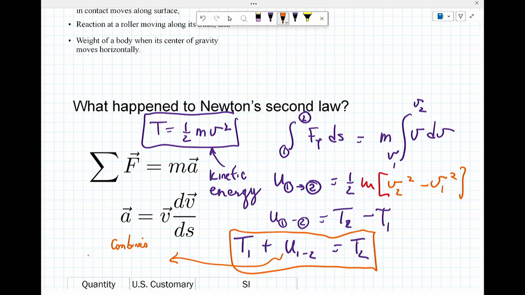The problem with this is that it's going to combine conservative and non-conservative forces, and I will define those in more detail later in this lecture.